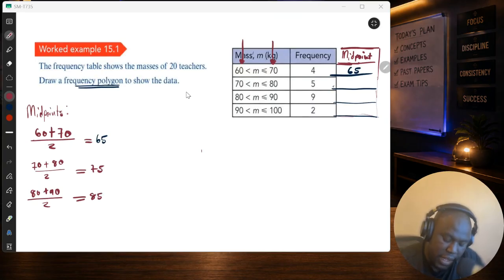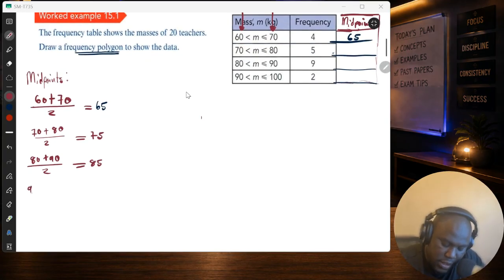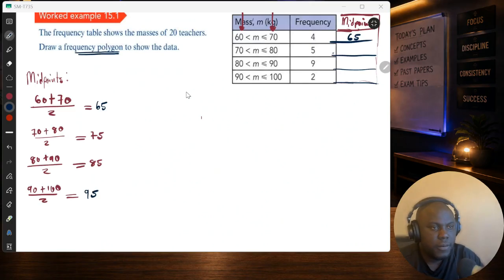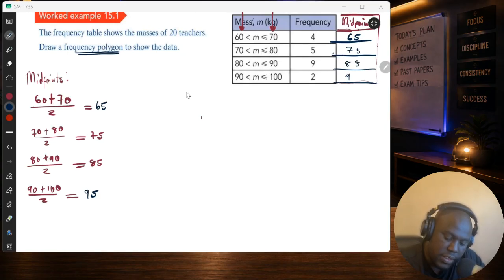It's 85. Then here you can say 90 plus 100 divided by 2. You can add them first, or I can just look for a number between 90 and 100. I'll get 95. So now I have the midpoints: 65, 75, 85, and 95. Now we draw our frequency polygon.